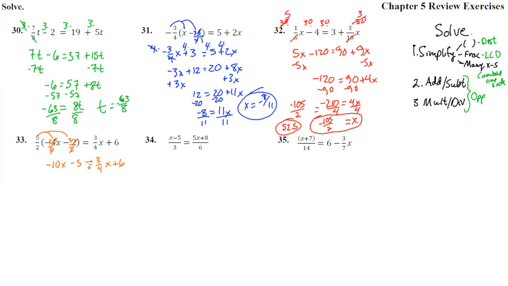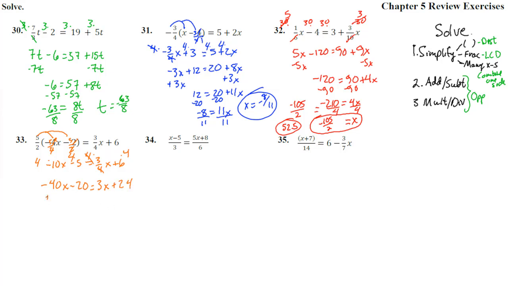Oh, shoot, we almost got rid of all the fractions there. Let me see, times through by the least common denominator, in this case a 4, and we get negative 40x minus 20 equals, the 4 cancels, and we just get a 3x plus 24.